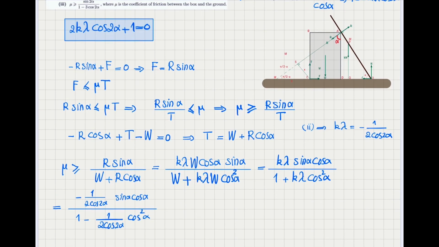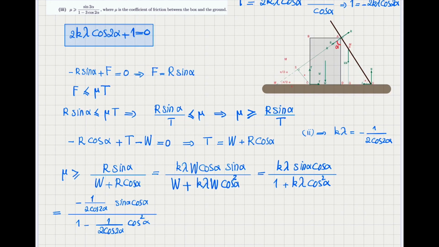Because if you see, I have a sine 2 alpha here, so I need a 2 here to make it sine 2 alpha. So to get rid of these fractions, I multiply the numerator and the denominator by minus 4 times cosine 2 alpha. Yes? Let us see what will happen.